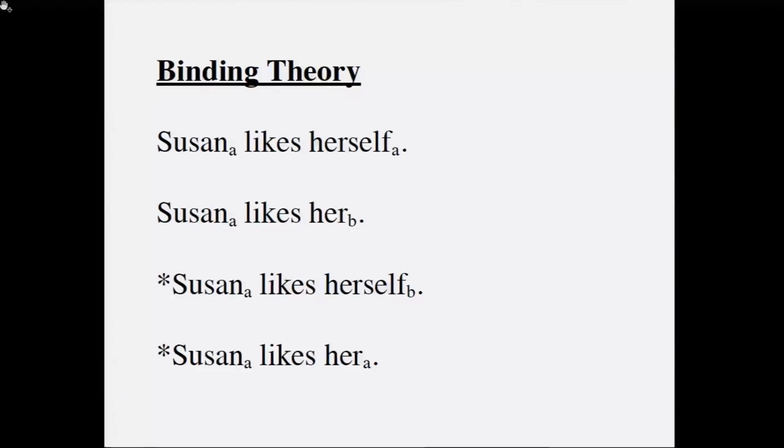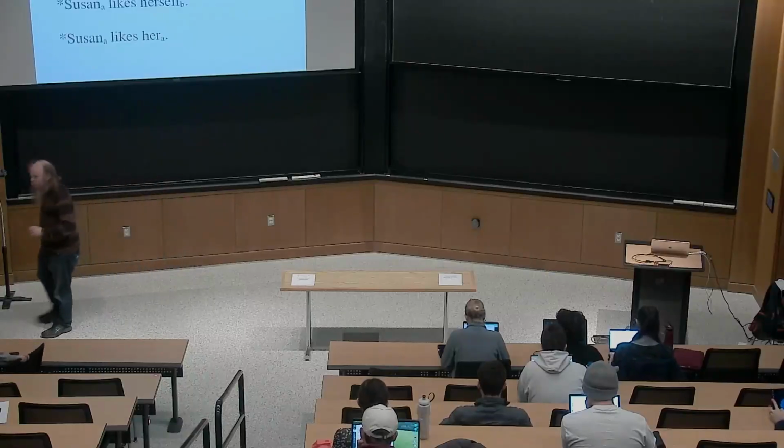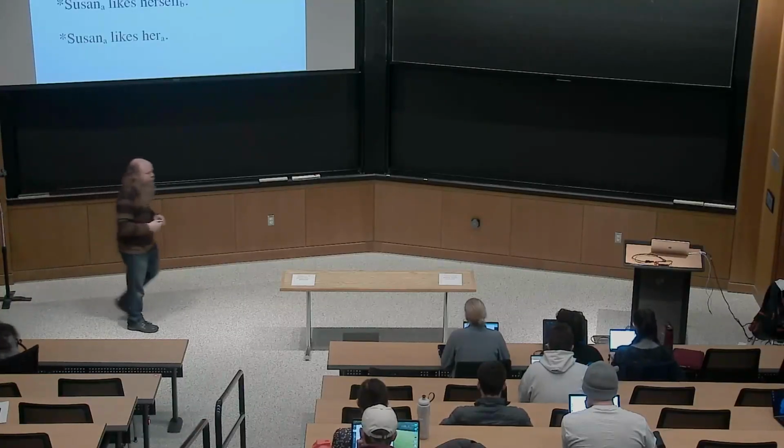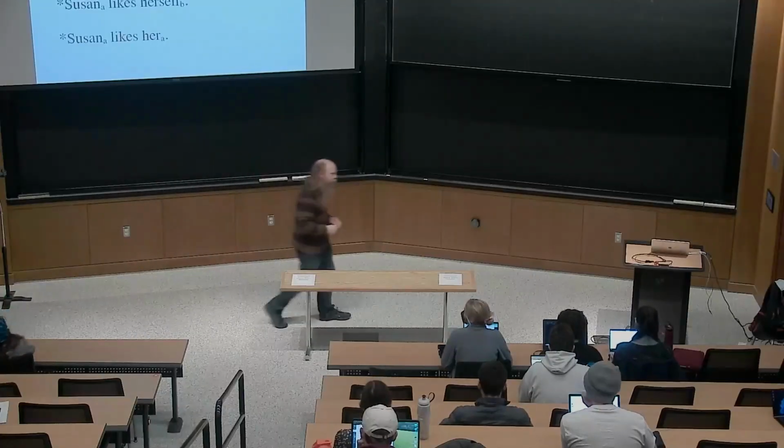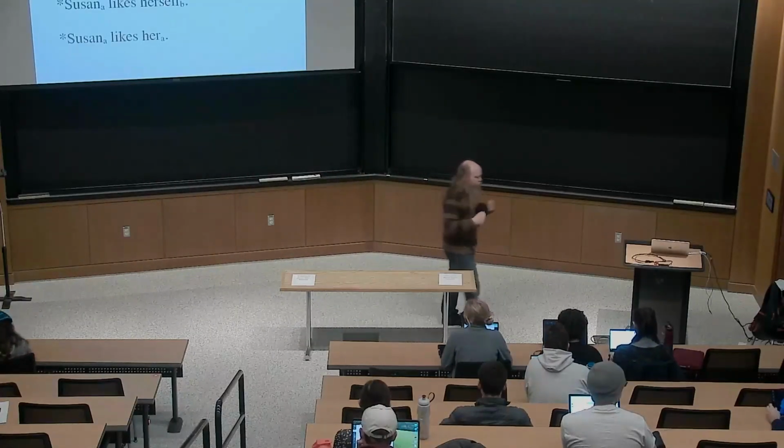These starred sentences incorporate some of the things that I just said. These little letters, these subscripts that people put on these words, are meant to indicate what can co-refer with what. So the first sentence, Susan likes herself, is okay, and the third sentence is starred, because if you say the string Susan likes herself, then Susan and herself have to refer to the same person.